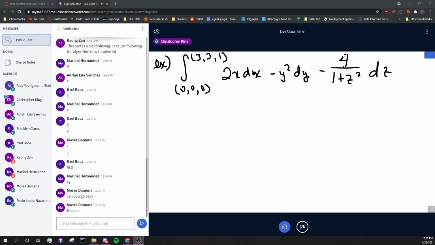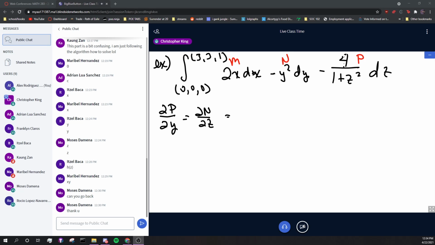All right, so real fast, I'm just going to go through to show that it's exact. So if we do the partial of p in respect to y, remember this is m, this is n, this is p, we're trying to show that that's equal to the partial of n in respect to z.